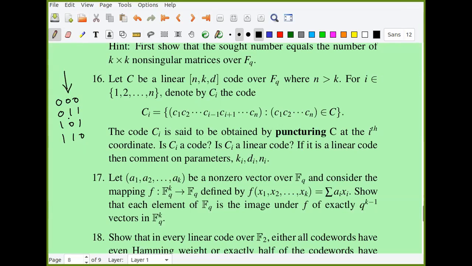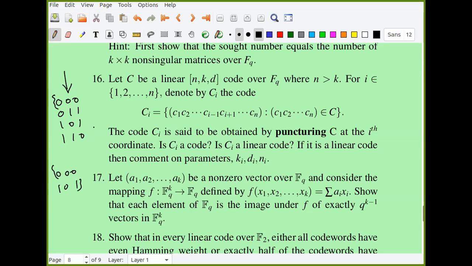I only collect the codewords with 0 in that position. Can you tell me the vectors now? Only 0 in that position. First and third, so 1 0 1.